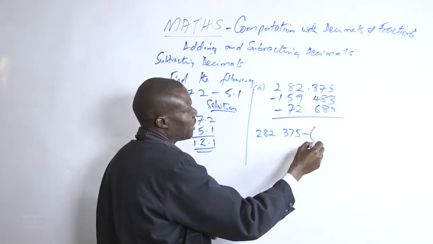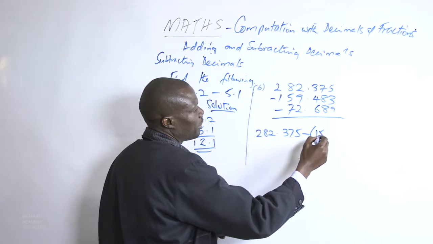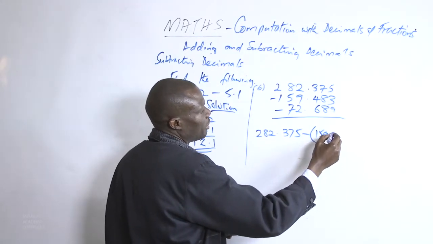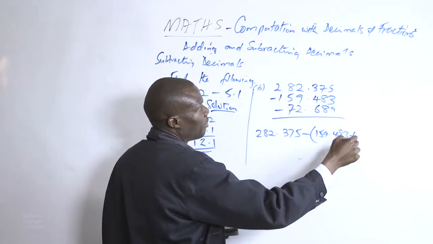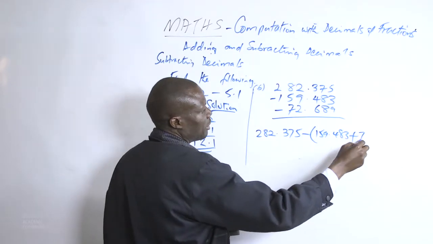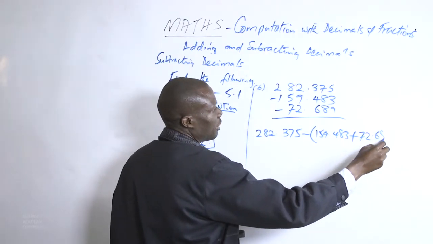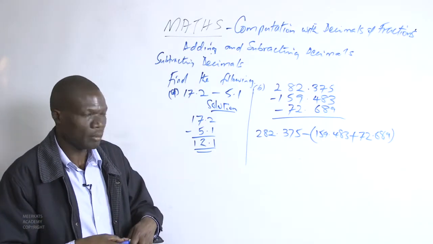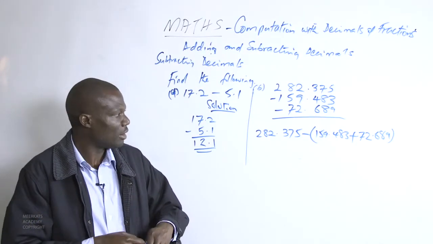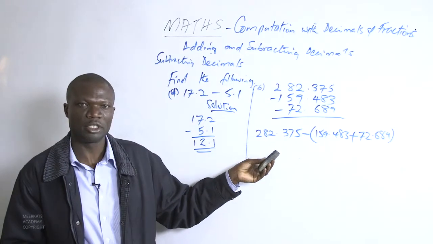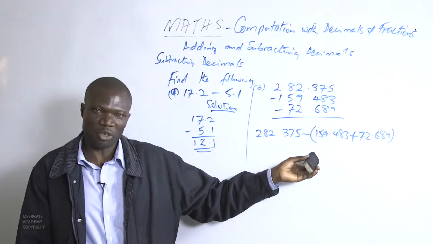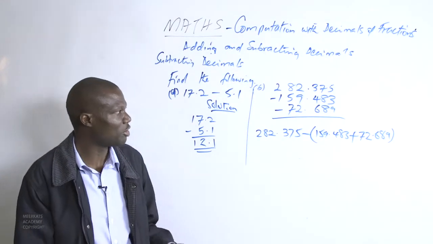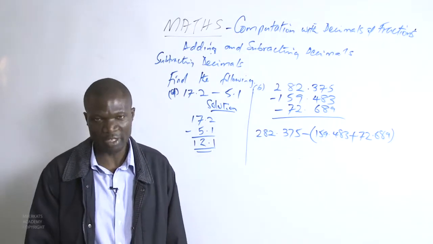282.375 minus, in brackets, 159.483 plus 72.689. It is the same thing. The large numeral, subtract the sum of the two. We want to subtract everything that we have here.